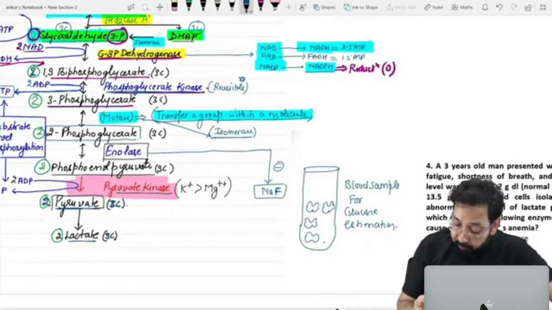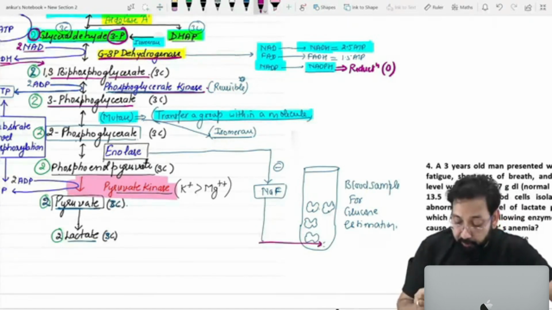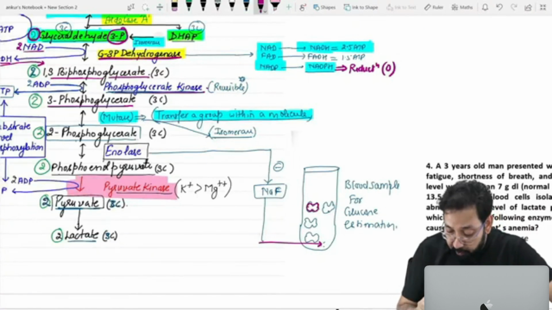We added sodium fluoride in this test tube. Why? Because we know that RBCs utilize glucose.